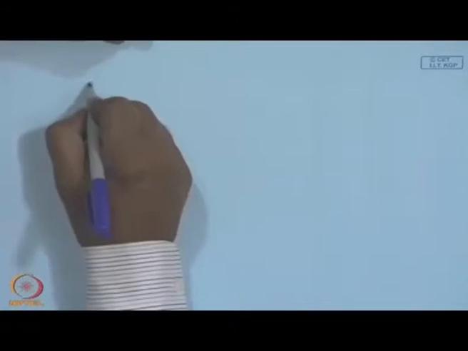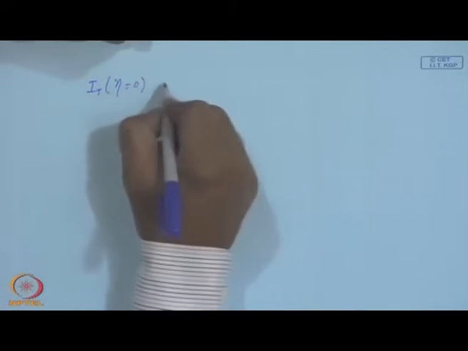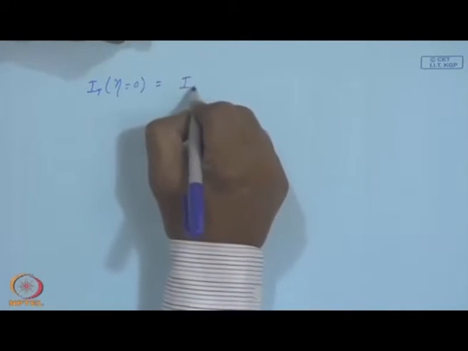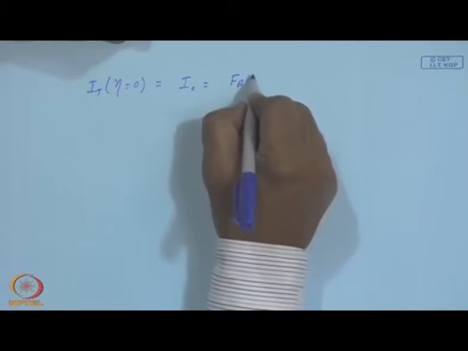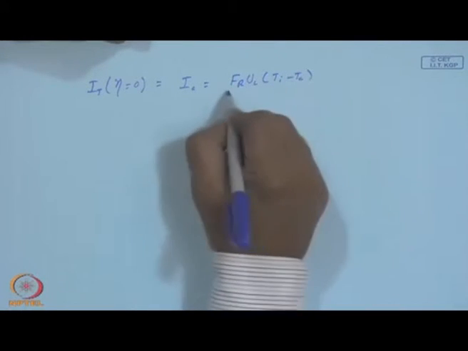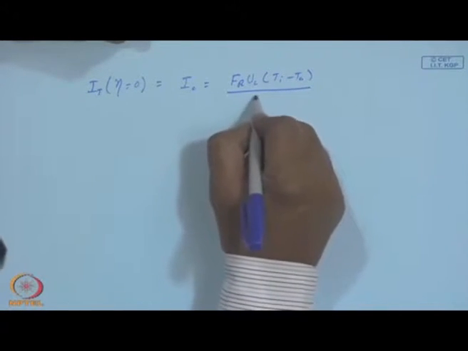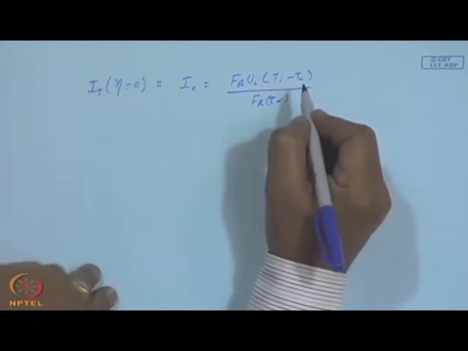This leads to an I_T for eta equal to 0, which I will call I_C, equal to F_R U_L times (T_i minus T_a) by F_R tau alpha.